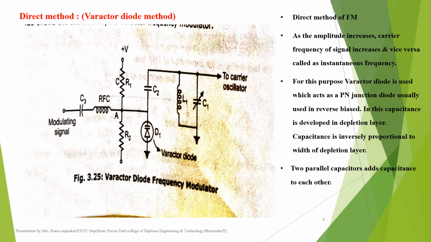For this purpose, a varactor diode is used, which acts as a normal PN junction diode, usually used in reverse bias. In this, capacitance is developed in the depletion layer. Capacitance is inversely proportional to the width of the depletion layer. Two parallel capacitors are used, hence they add their capacitances to each other.